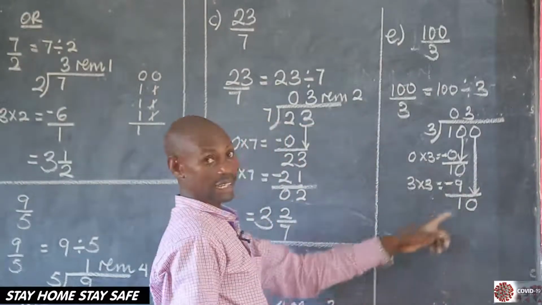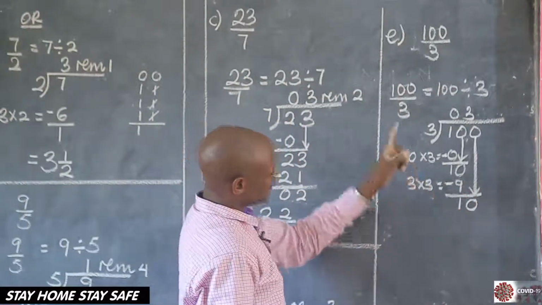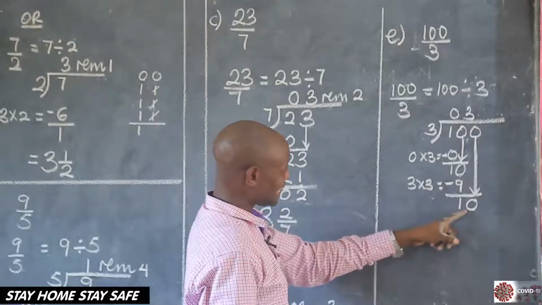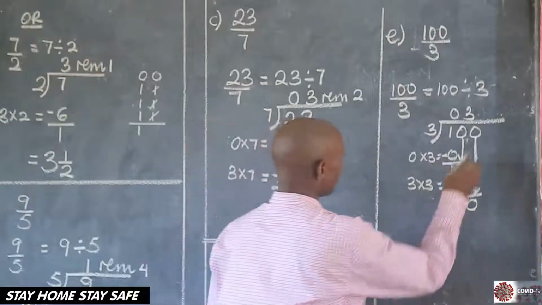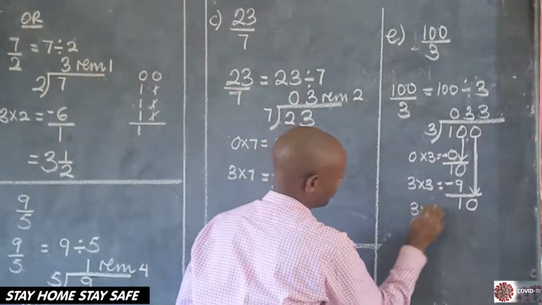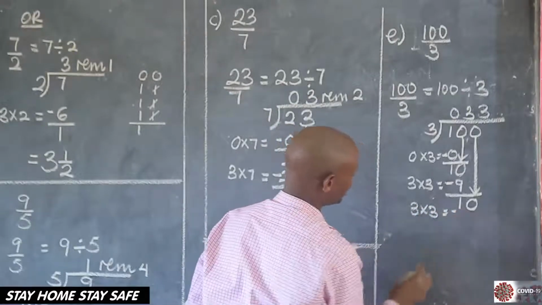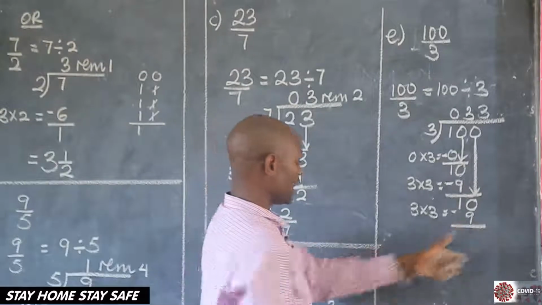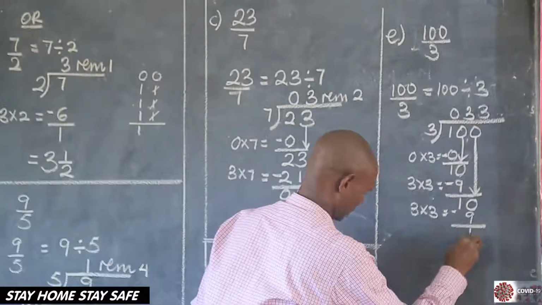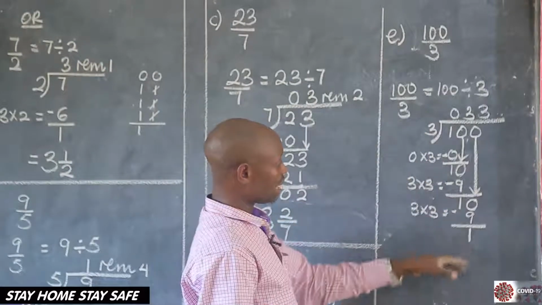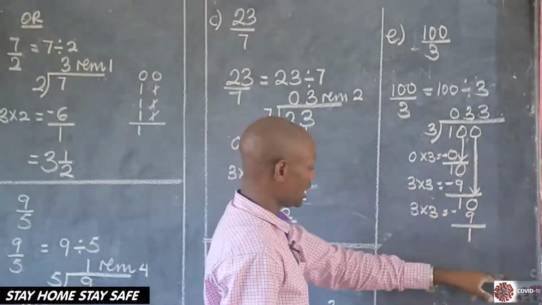And it becomes again 10. How many groups of 3 can you get from 10? Wonderful. They are still 3. 3 times 3, what are we getting? 9. And 10 take away 9, we are getting 1. 1 is smaller than 3, and we don't have any other number to drop down.